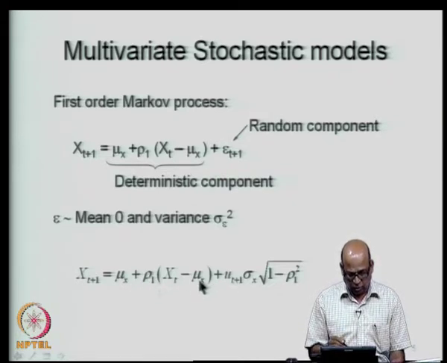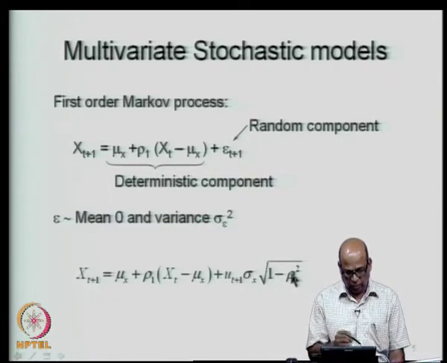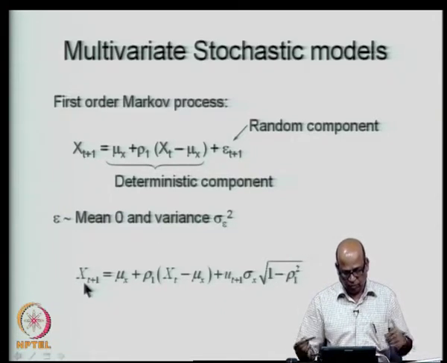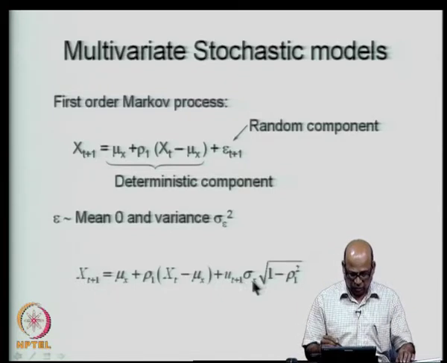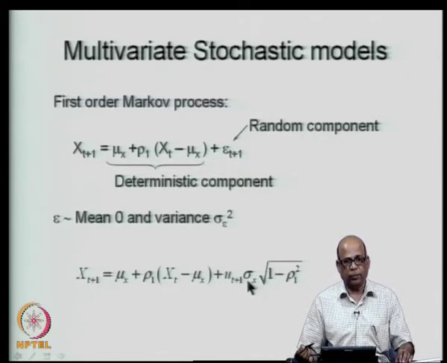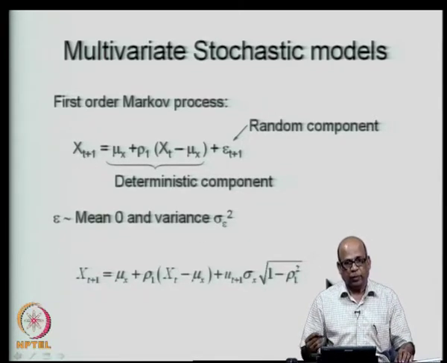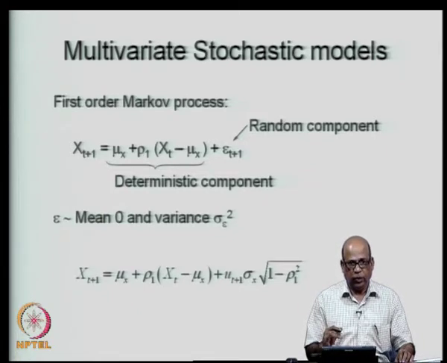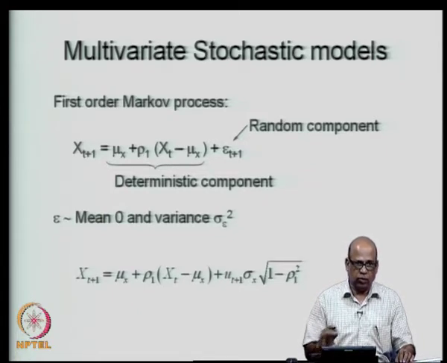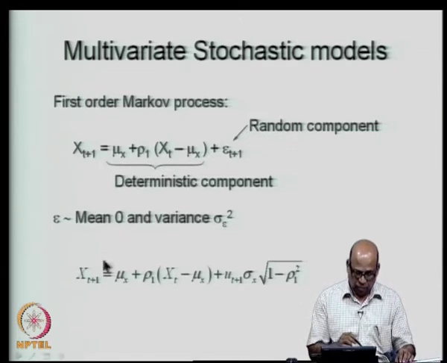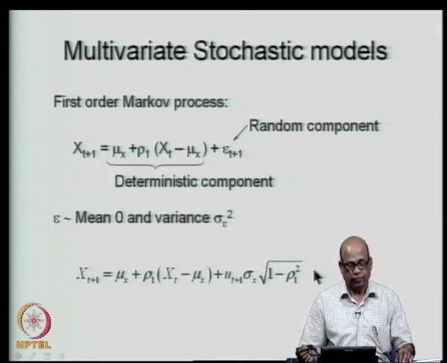This is lag 1 correlation, and this is a random term now, and this term here makes sure that you get the same variance as the variance in your x, and this is your standard deviation of x. When we use this kind of model, as I mentioned, the generated data will preserve the mean, the standard deviation and the lag 1 correlation, and these are very popularly used in hydrology.